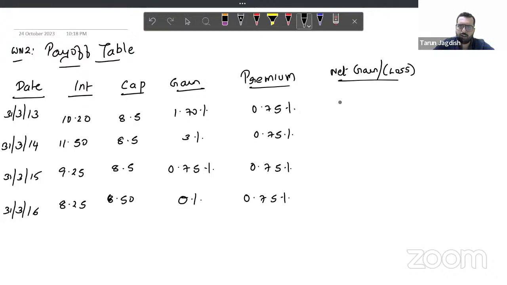Can we find out? Here you will make a gain of 0.95%, 2.25%, 0%, minus 0.75%. Can you scribble down this and finish it off? Let me see if they have taken the total value or not. Ideally, percentage is enough. They have done it in percentage only.